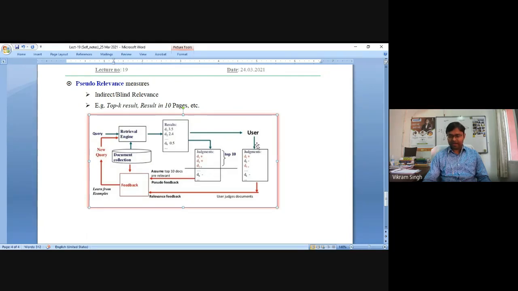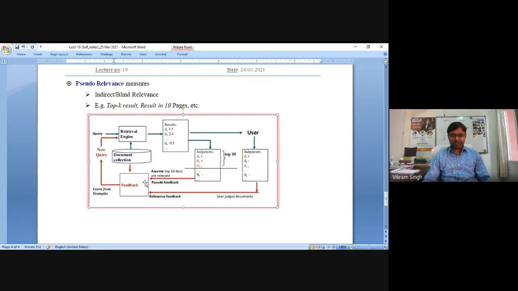In the rightmost area, you can see user judgment documents, relevance feedback, and concurrently in the background, the system is basically estimating the documents or the results appearing in the first pages, maybe the top 10 documents. These top 10 documents or results are utilized to generate some sort of relevance estimation, some sort of user relevance. And these 10 documents or relevance scores will be sent again to the feedback block.